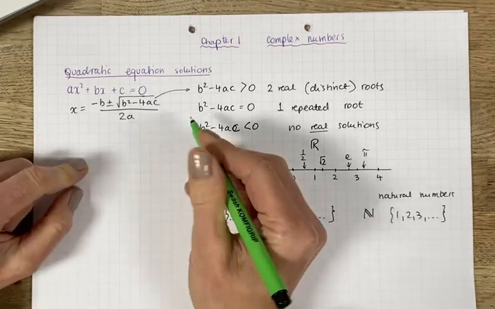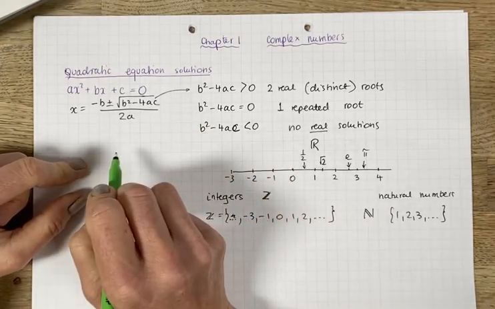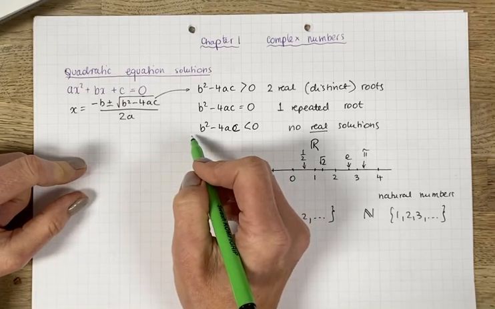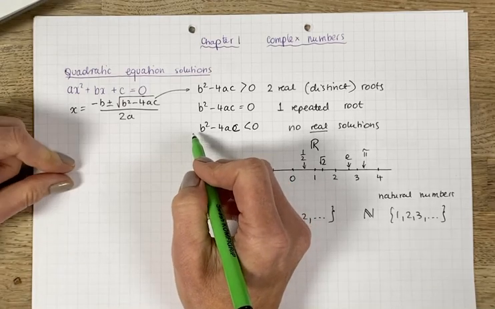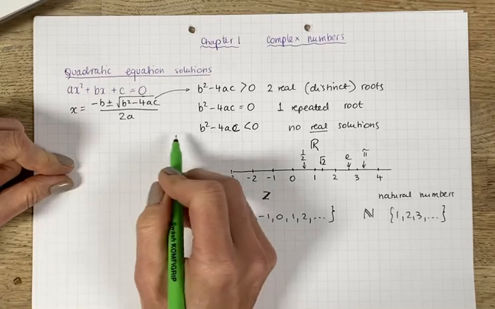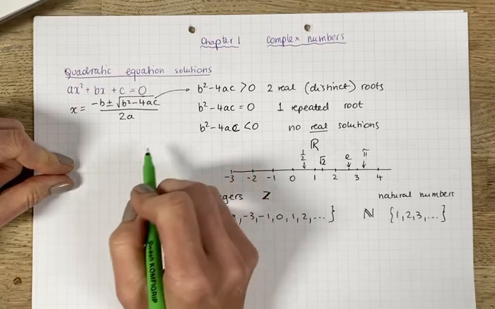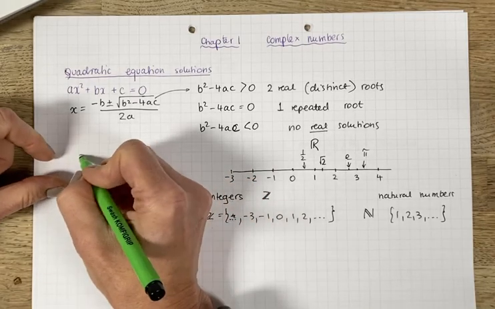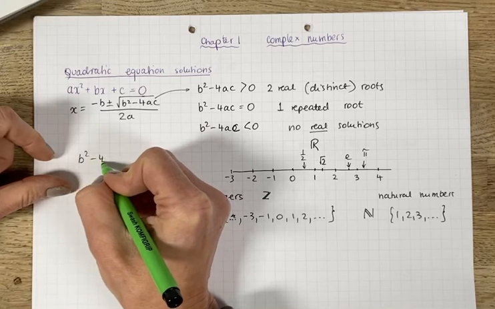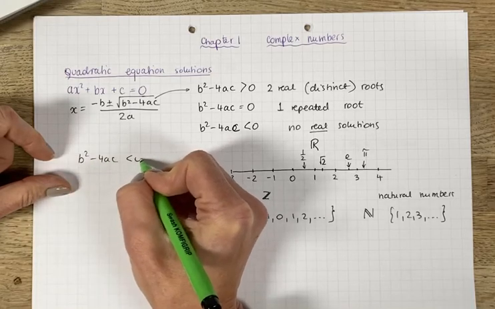Now, what happened is that some mathematicians centuries ago decided, what would happen if you actually could solve an equation that has got the discriminant less than 0?